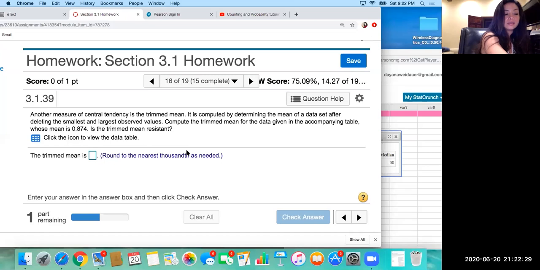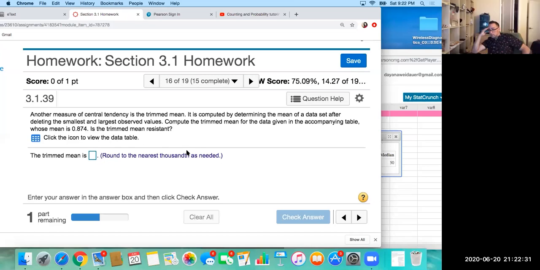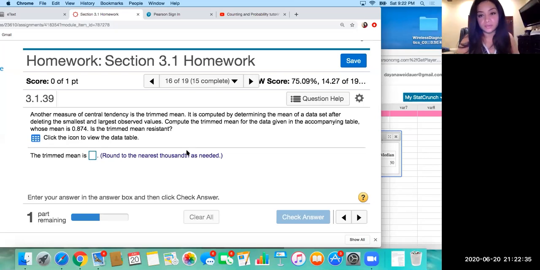Yeah. Okay, the trimmed mean. It's the trimmed mean to be resistant.